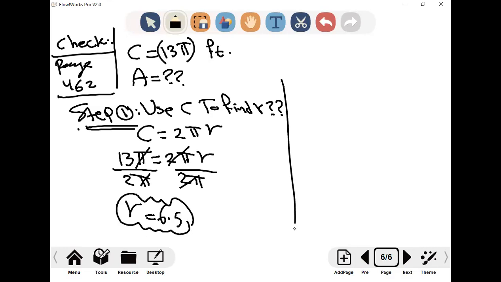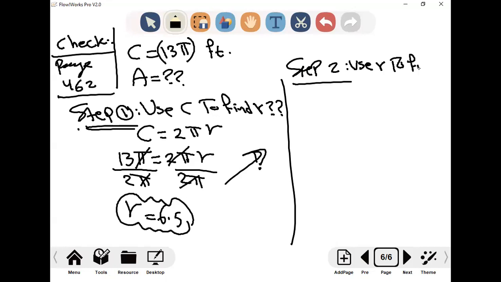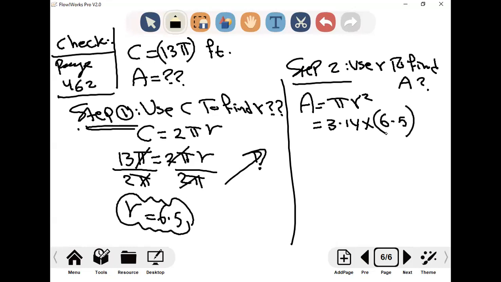So step 2. Use radius to find area. So A equal pi r power of 2, equal 3.14 multiply radius 6.5, all power 2. Put it inside parentheses if you have a decimal.